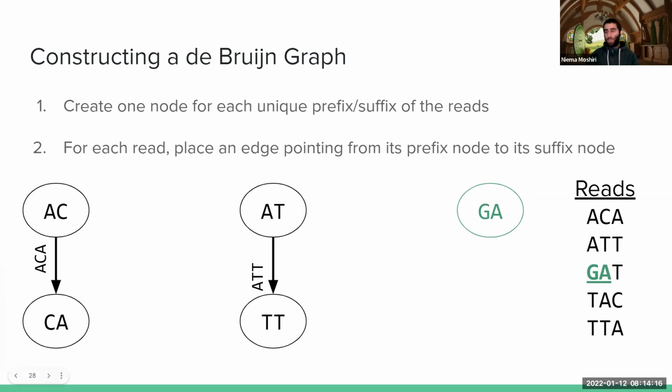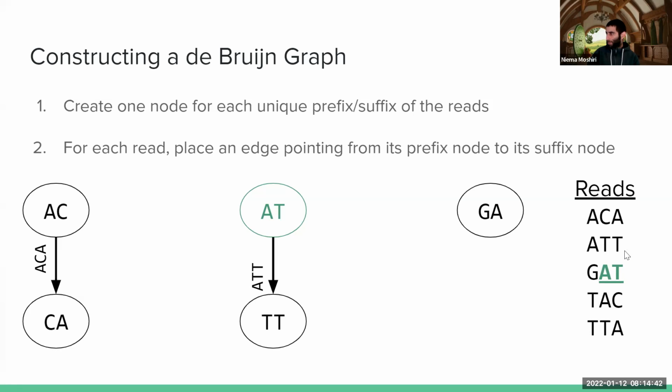For this one, you'll notice the suffix AT, I already have a node. I mentioned I only create nodes for unique prefixes and suffixes, so I don't want any copies. If I've already seen a given prefix or suffix, I don't want to create a new node for that. So I only created a new node for GA, and I'm just reusing the node that I already created for AT.